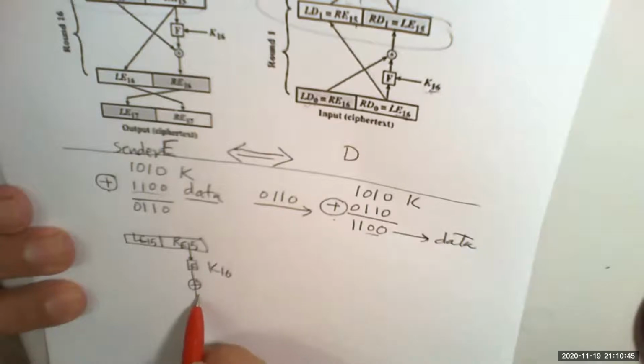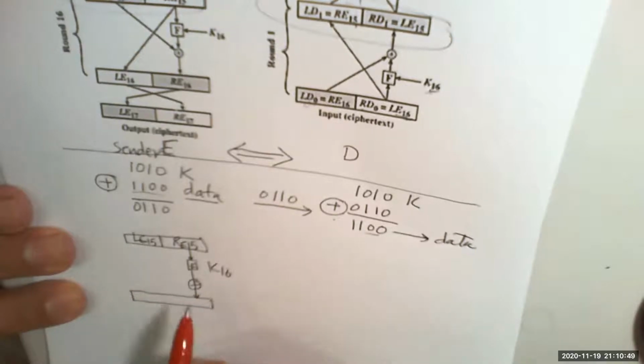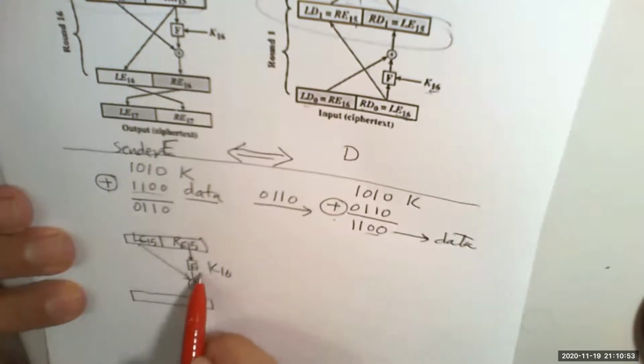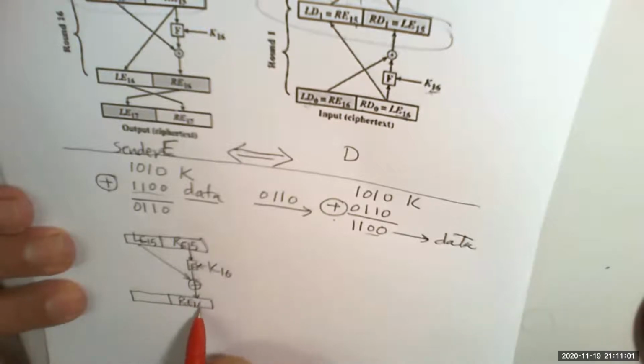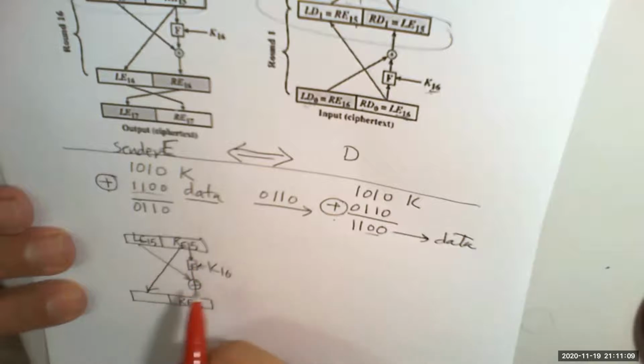To get the output from the XOR, I take LE15 together with the output from the function and XOR it to get RE16. Here I have RE15, which is swapped, just swapping the position.